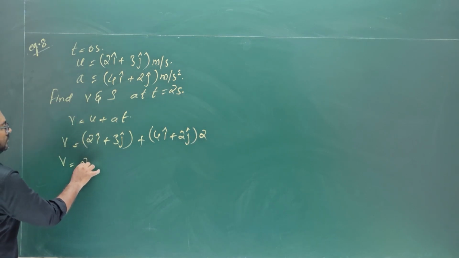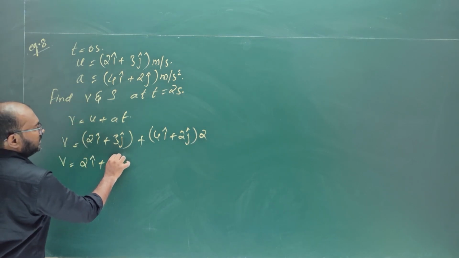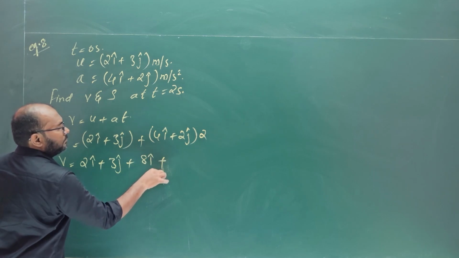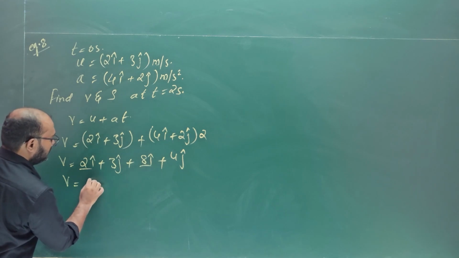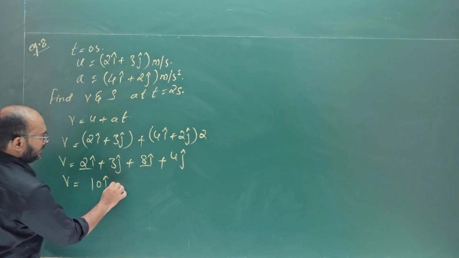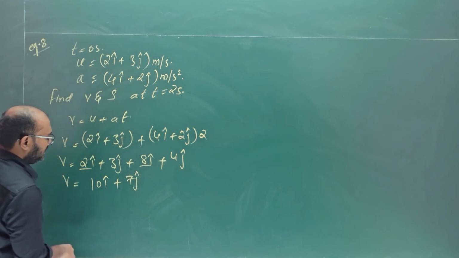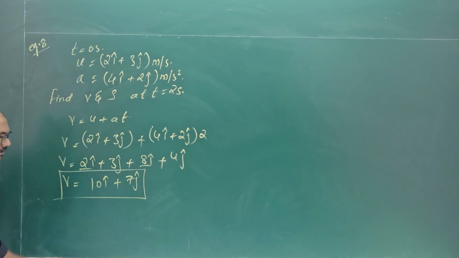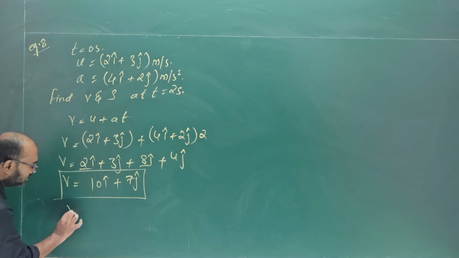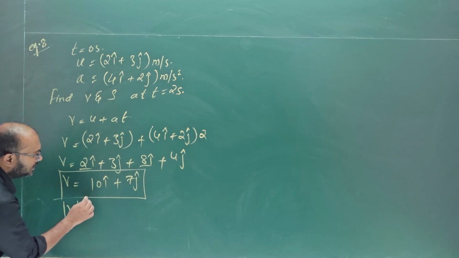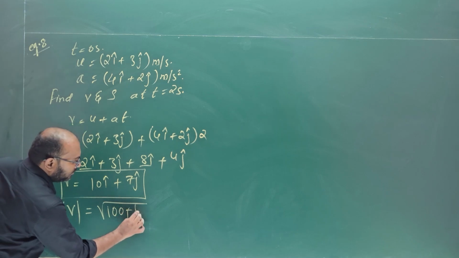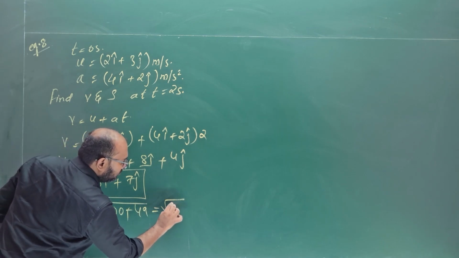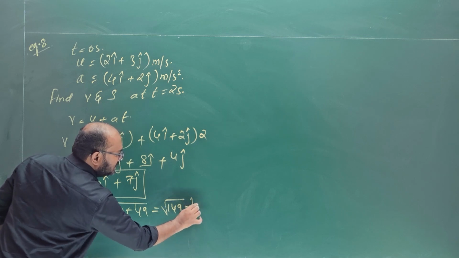So v is equal to 2i plus 3j plus 8i plus 4j, or v is equal to 10i cap plus 7j cap. Similarly, we can also calculate the magnitude. If the question is asked about the magnitude, calculate the magnitude also. Then we can say under the root of 10 square, that is 100, plus 49, that is nothing but under the root of 149 meter per second.